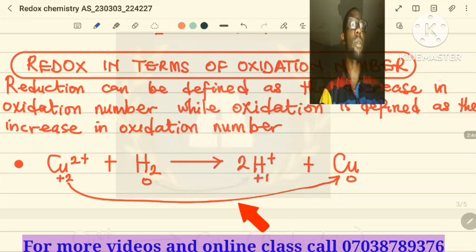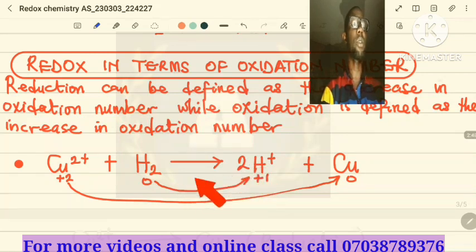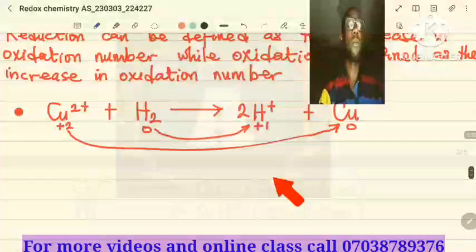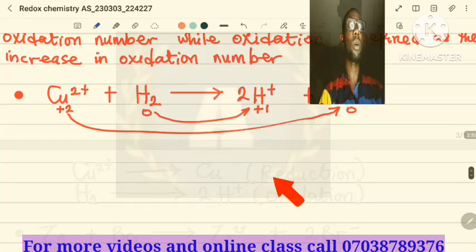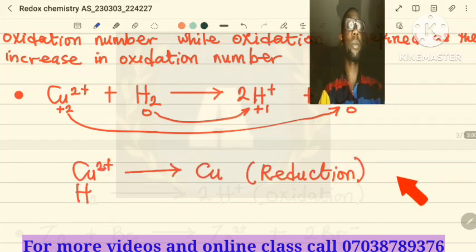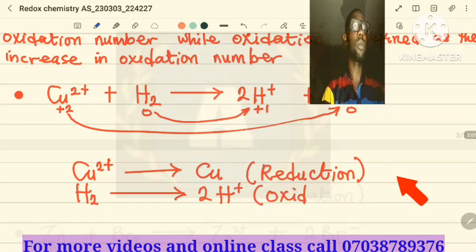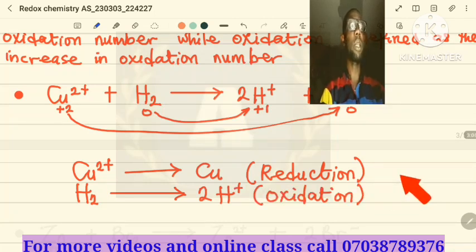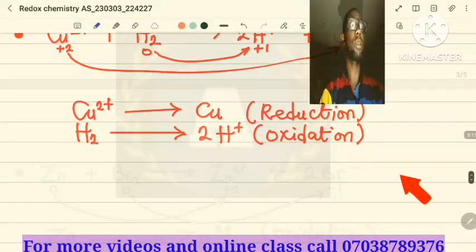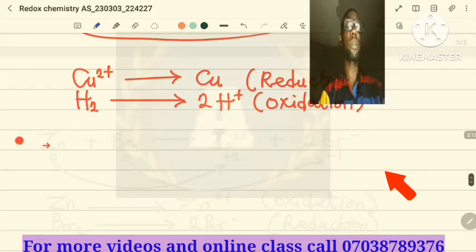Then here it forms +1 at the product side. Now from 0 to +1, there is an increase. So this is oxidation. So from copper 2 to copper, that is reduction, then hydrogen gas to hydrogen ion, that is oxidation.